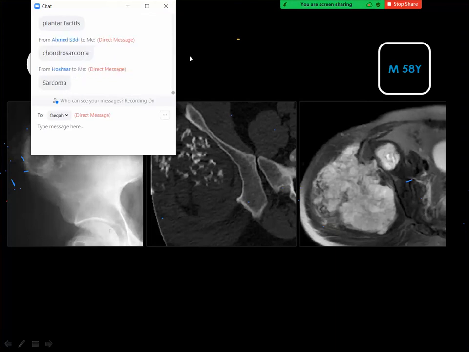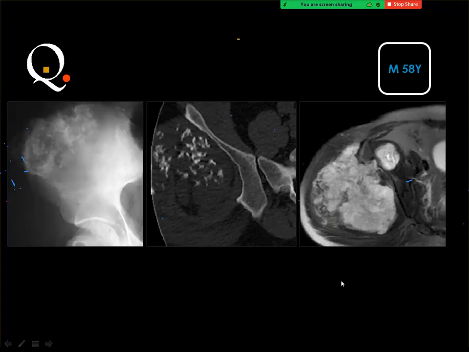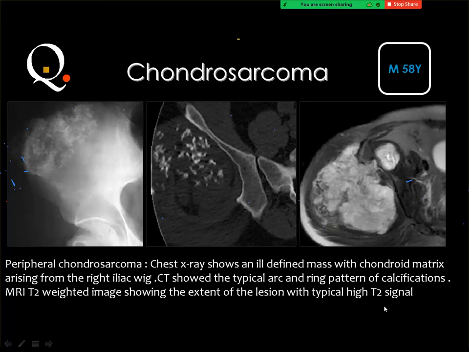Chondrosarcoma, oh yes, very good. This actually, chondrosarcoma is the right answer because you got a malignant lesion and this lesion contains calcium, although the calcium is not evident on MRI.